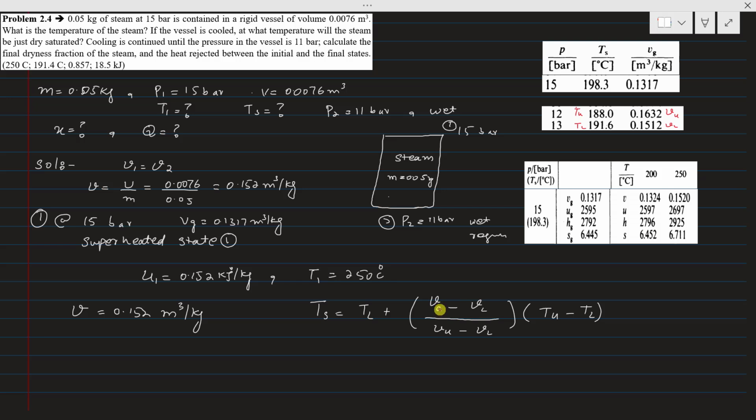Actual specific volume at which we are finding the TS value is 0.152 meter cube per kg. Now put all these values in this interpolation formula. The things are very easy. Just put it in the formula. Let me put it.